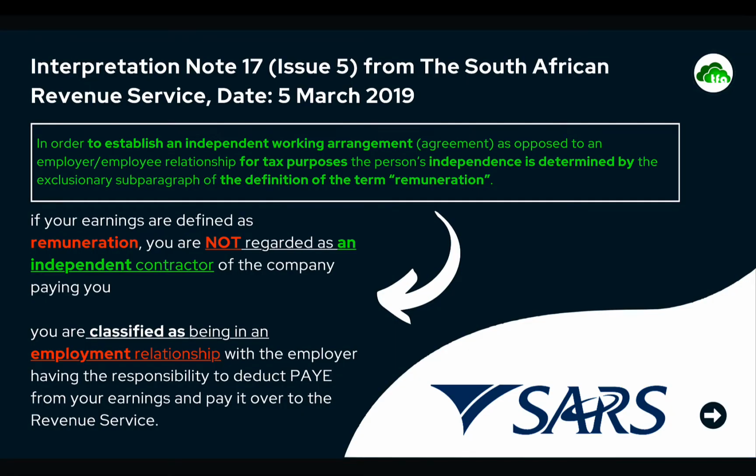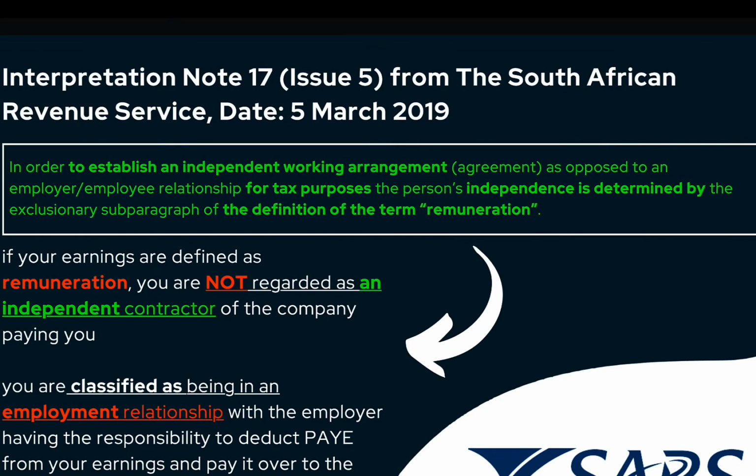What now follows are extracts from and definitions laid down in Interpretation Note 17 from the South African Revenue Service, dated 5 March 2019. In order to establish an independent working arrangement, as opposed to an employer-employee relationship for tax purposes, the person's independence is determined by the exclusionary subparagraph of the definition of the term remuneration.